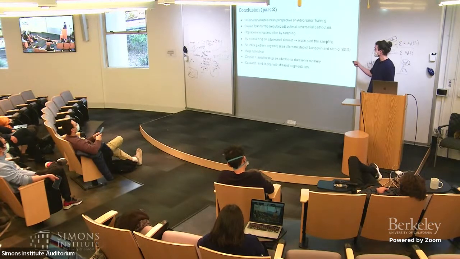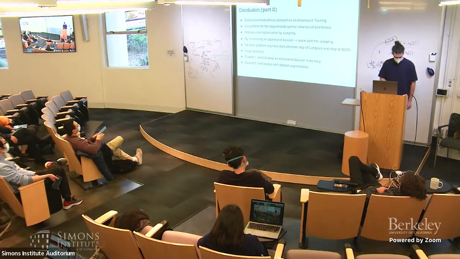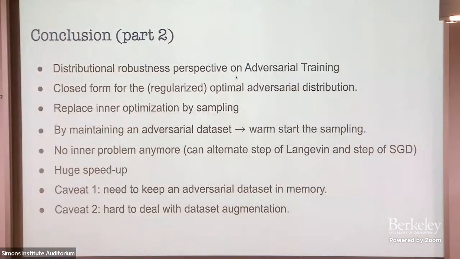But okay, so the conclusion for part 2 is that we have provided distributional robustness for adversarial training by defining the right distributional robustness constraint in order to formulate adversarial training as distributional robustness.